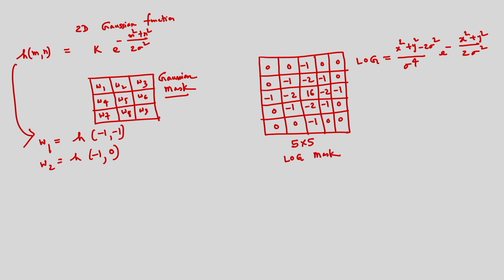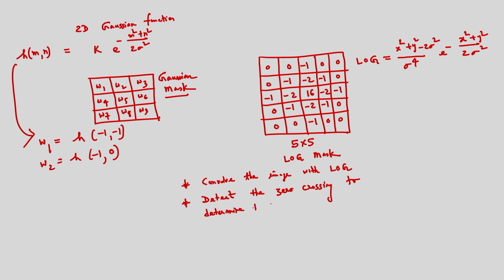So the first step is to convolve the image with the LoG operator, the Laplacian of Gaussian, and after this detect the zero crossings to determine the location of edge pixels.